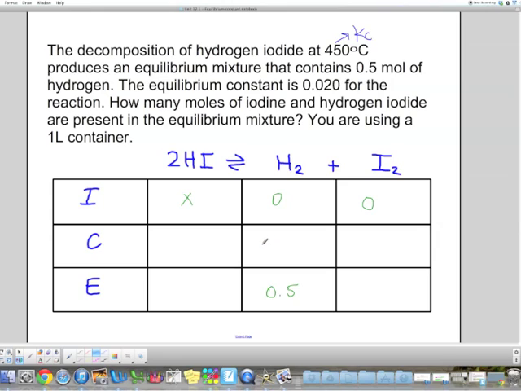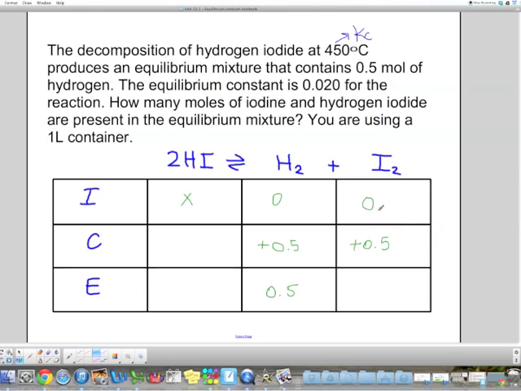So here I have a change of plus 0.5, right? If I went from 0 to 0.5, I have plus 0.5. Now I know that my coefficient here is 1 and my coefficient here is 1. And I know that my changes respect those ratios. So if I gained 0.5 here, that means I will have gained also 0.5 over here.